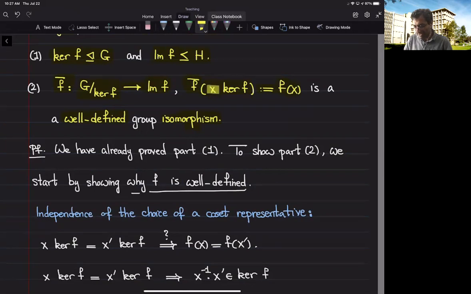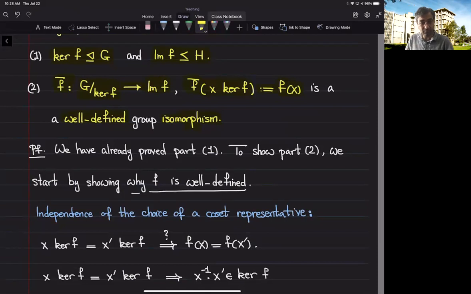So it's like having a community and saying that all the members of this community have the same property under F. So it's kind of a stereotyping, and we want to say that this one is okay. They do have the same property from F point of view.